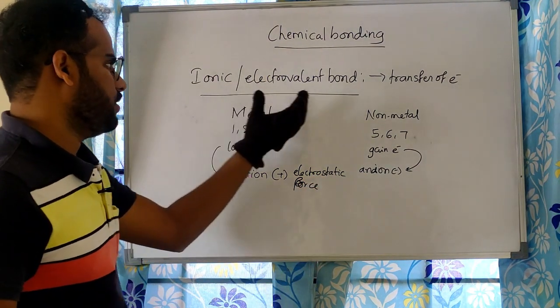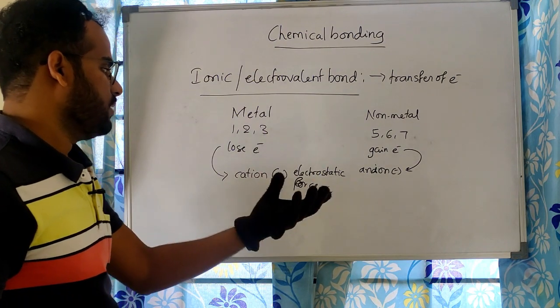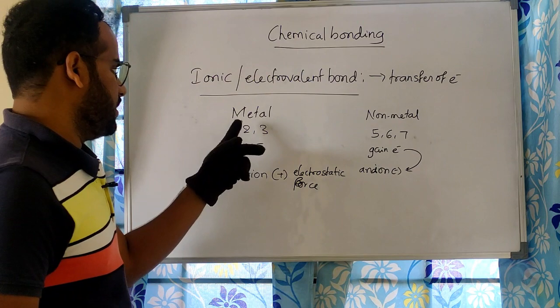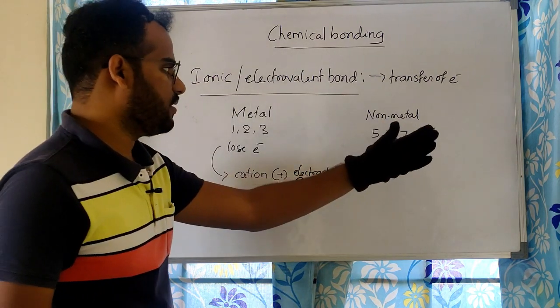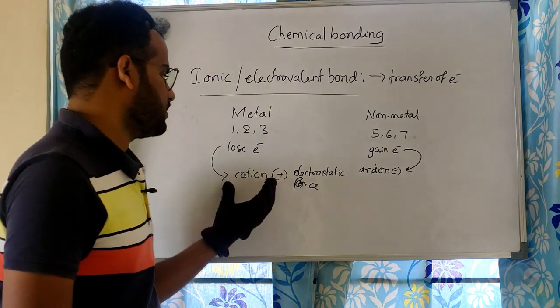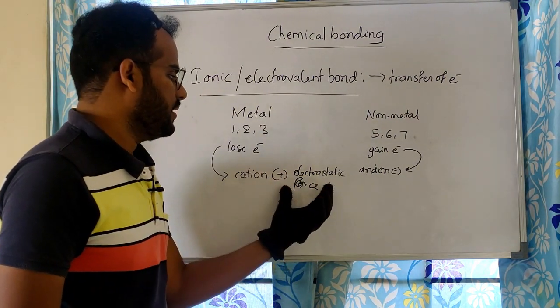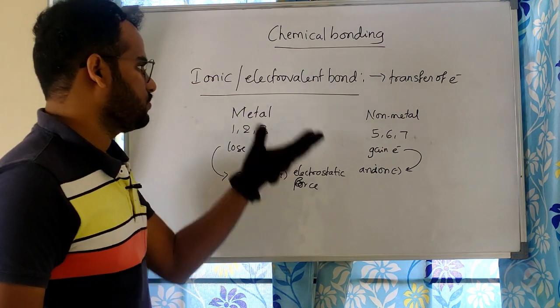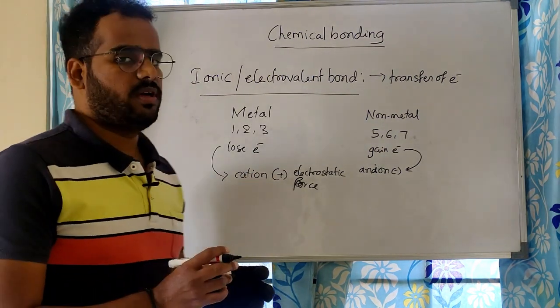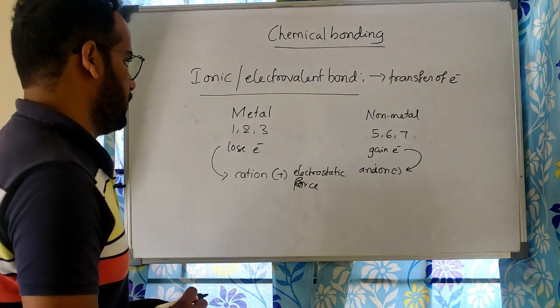So you can define the ionic or electrovalent bond as the bond formed by the transfer of electrons from one element, that will be a metal, to another element, that will be a non-metal, and the force of attraction which holds the two ions is the electrostatic force of attraction. That is called the ionic bond or electrovalent bond. The compounds are called ionic or electrovalent compounds.